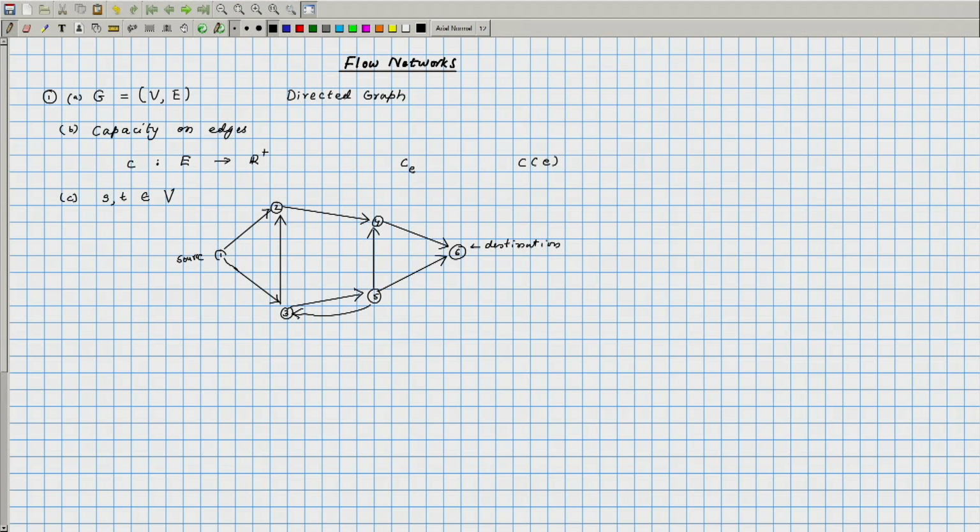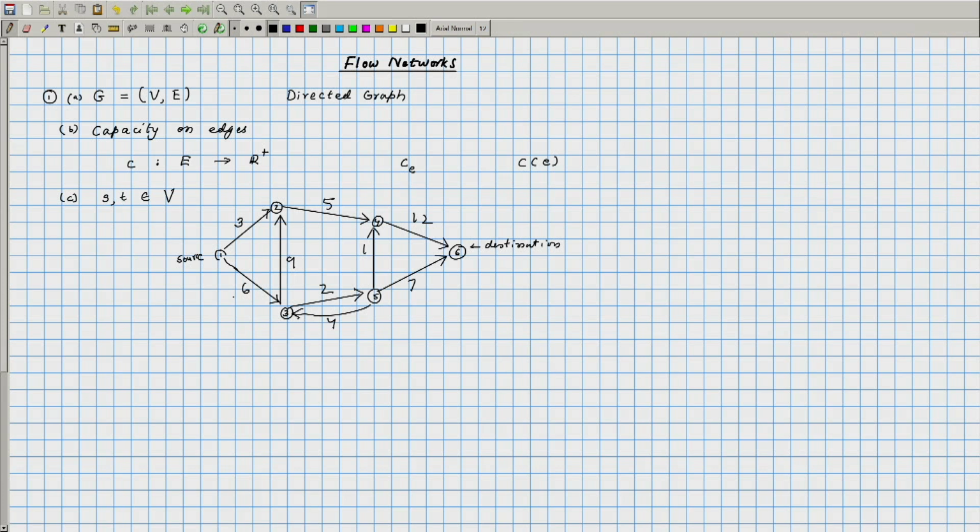Here we haven't put the edge weights, so we could put them. Now I have put some numbers on the edges; those denote their capacity. So, C of the edge (2, 4) is going to be 5.